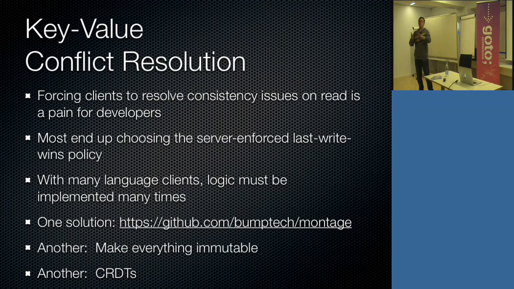The good part is you don't have to do that. Along with all that nice vector clock information, we also record a regular old timestamp, and the default behavior is just to return the one that has the newest wall clock timestamp.